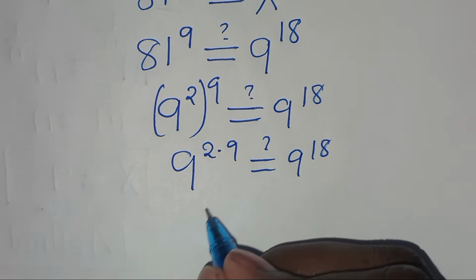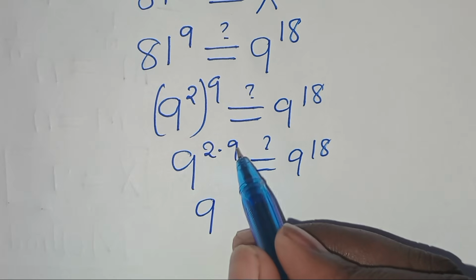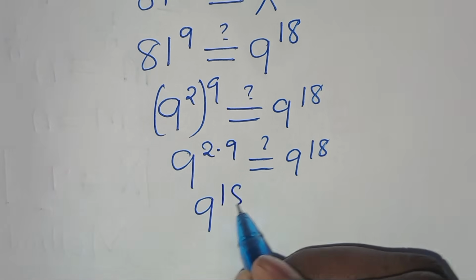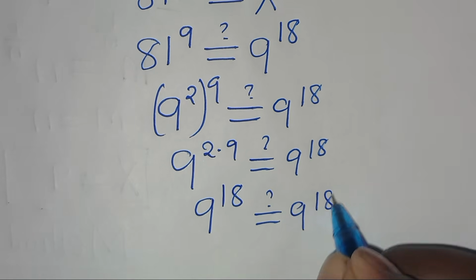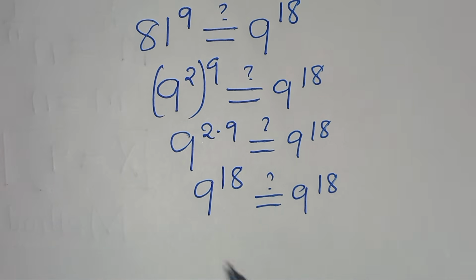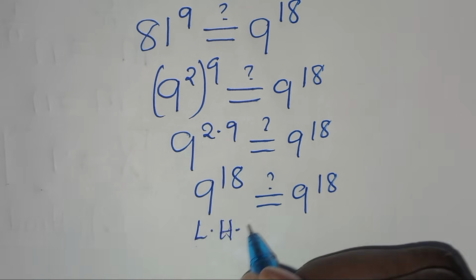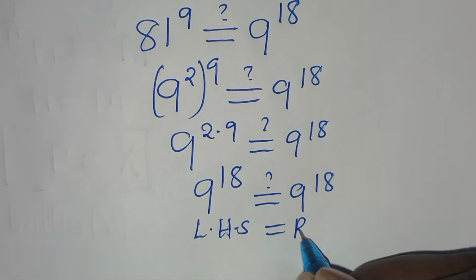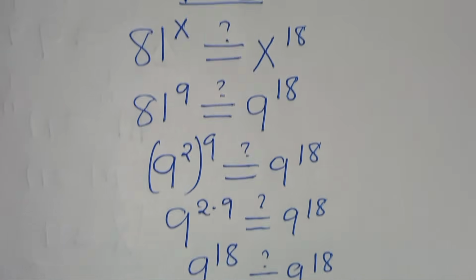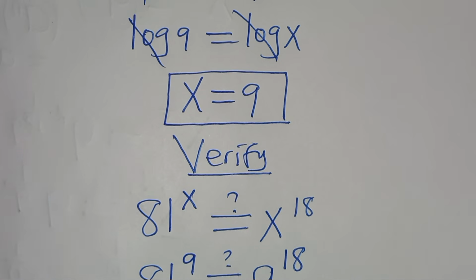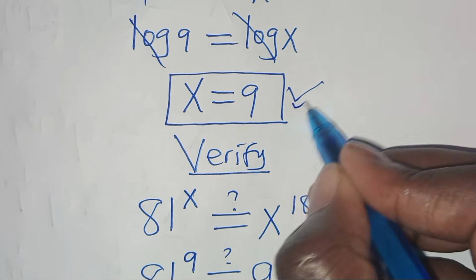So here we have 9 to the power of 9 times 2, which is 18, and this is equal to 9 to the power of 18. So it's clear that the left-hand side is equal to the right-hand side, and this proves that the value of x, which is equal to 9, satisfies the equation.